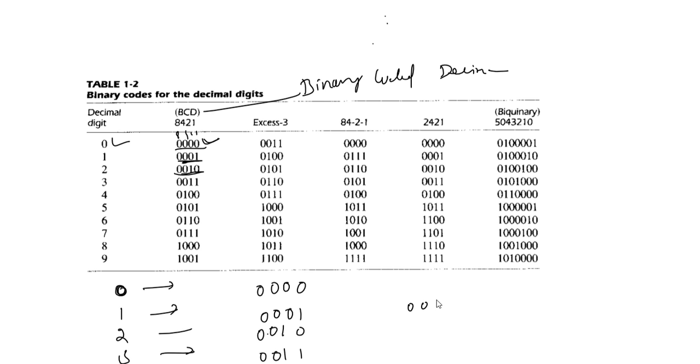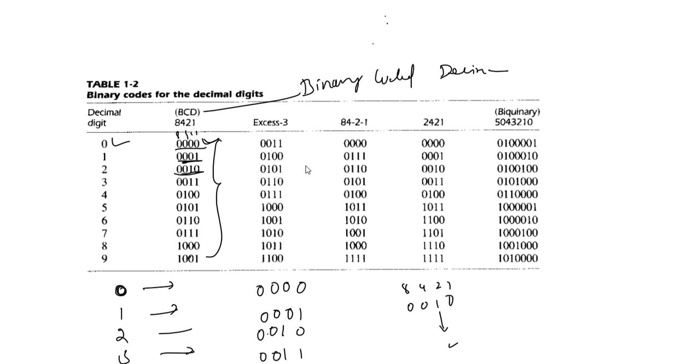If I write 8 4 2 1, obviously this is 2. Like that, all 10 numbers can be represented with binary coded decimal, and the weights for BCD are 8421. I hope you understand this. This is all about BCD.